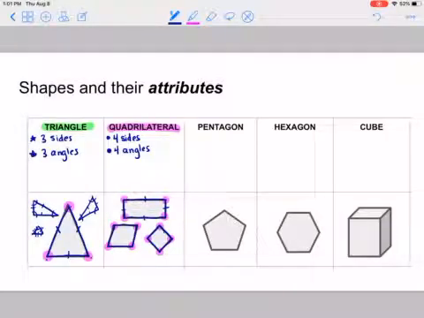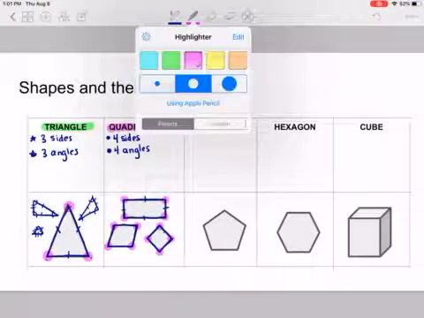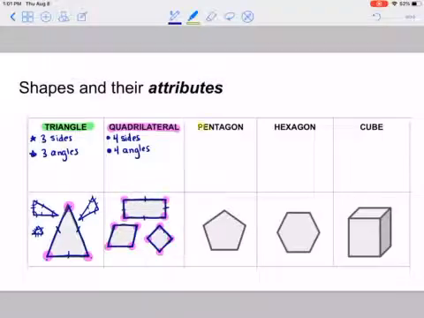Let's look at our pentagon. Pentagon, that's a fun word. Our pentagon, let's count the sides. Let's see how many sides there are in a pentagon. 1, 2, 3, 4, 5.